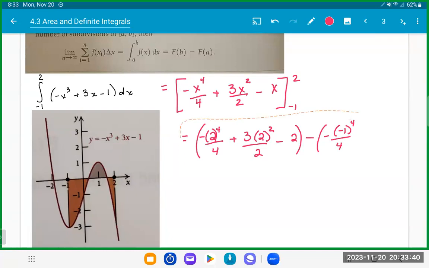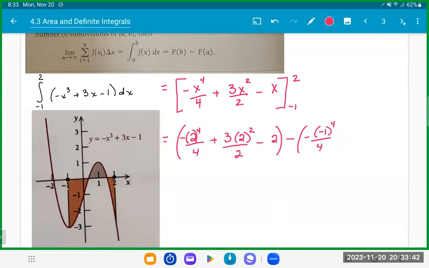Let me shift this over just a little bit. Plus 3 times negative 1 squared over 2 minus the negative 1. We simplify this: 2 times 2 times 2 times 2 divided by 4 gives me 4, so it's negative 4. Then we have 3 times 4 divided by 2, that's 6, minus 2.